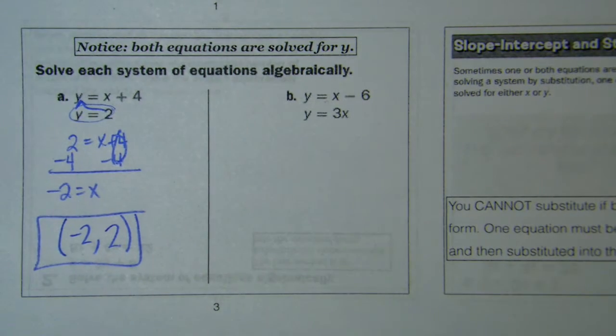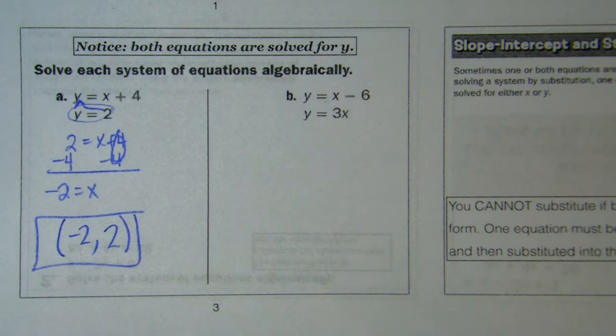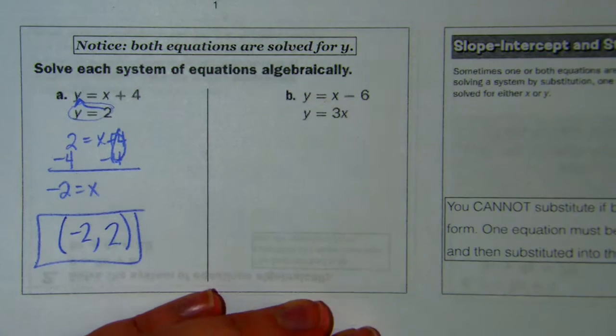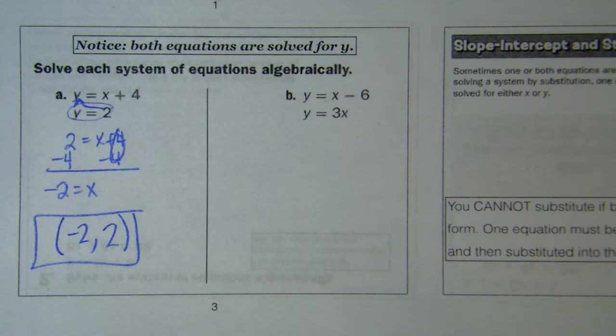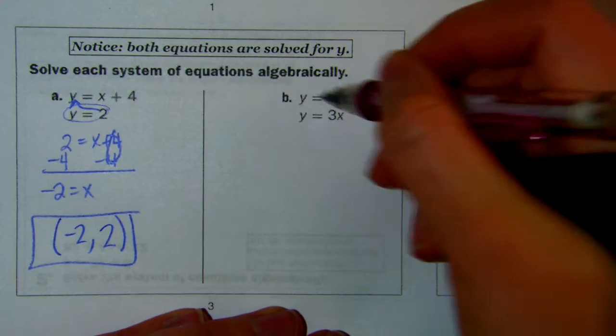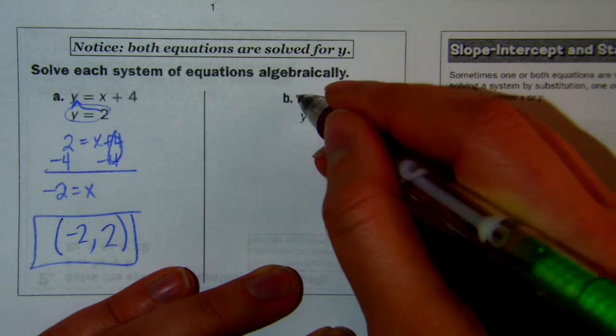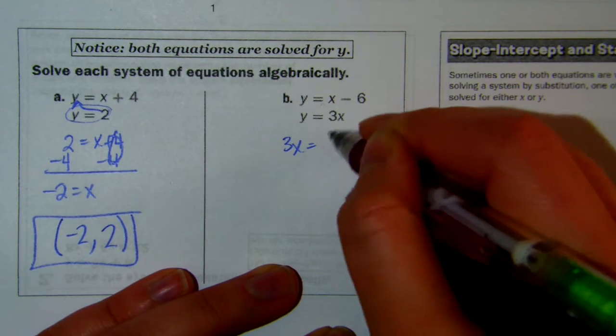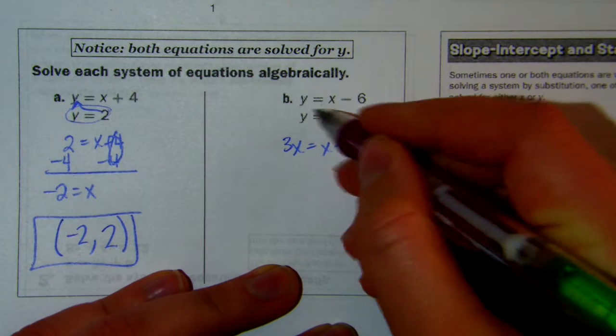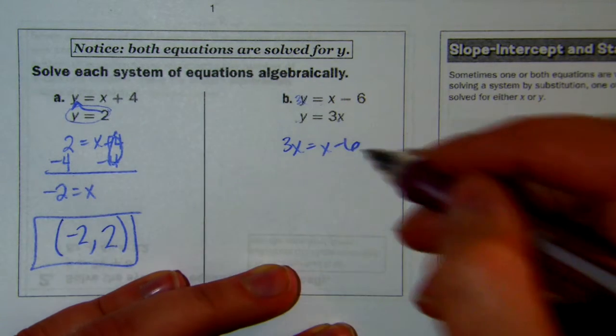All done. Those are nice numbers, not so bad to graph, but we're just practicing here in case we had some ugly numbers. In letter B, we have y equals x minus 6 and y equals 3x. So if y is equal to y, then we just set these two things equal to each other. So 3x is equal to x minus 6, because y is 3x, so you can just rewrite it right there.